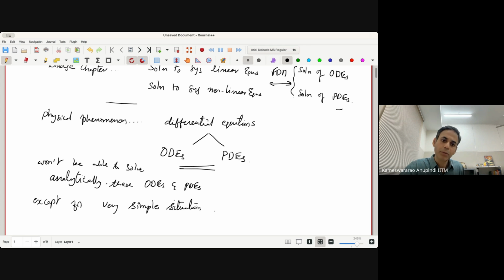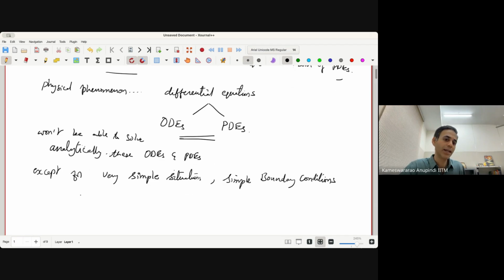That means very simple problems, and very simple boundary conditions and so on. Only for certain of these instances can we solve these ODEs and PDEs analytically.